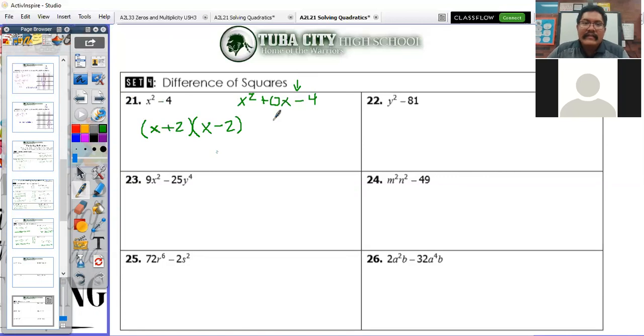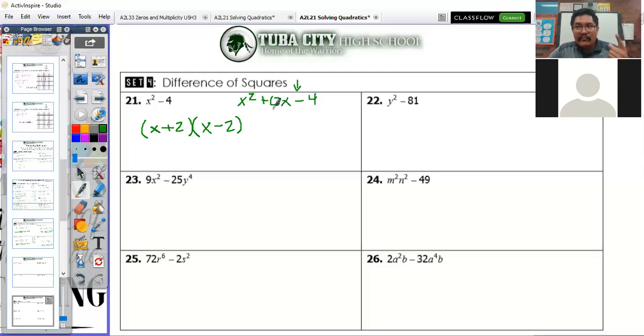So I use the same things I did earlier, but again, there's that question: where did this middle term go? If I were to FOIL it out, x times x is x squared. x times negative 2 is negative 2x. Negative 2x plus 2x is 0x. It canceled out, it's gone.